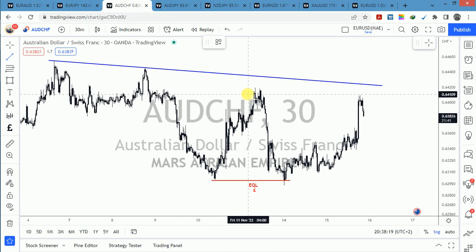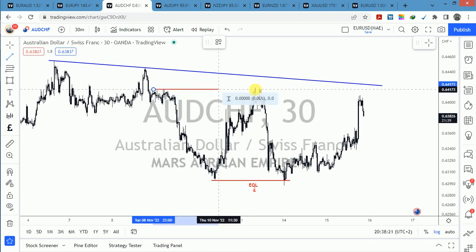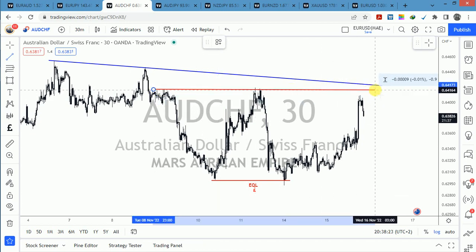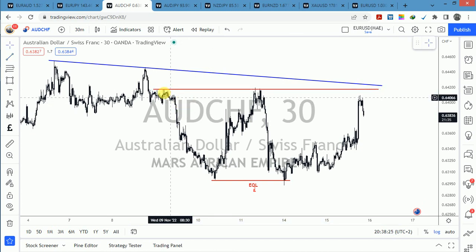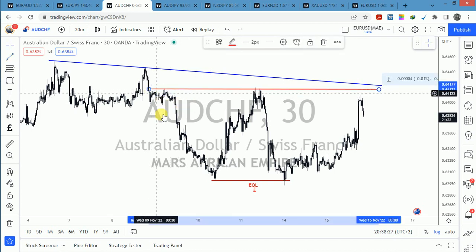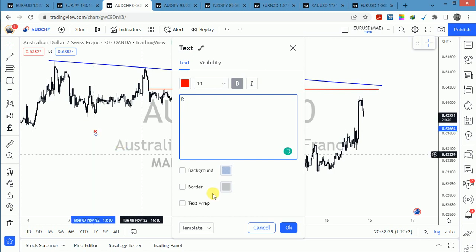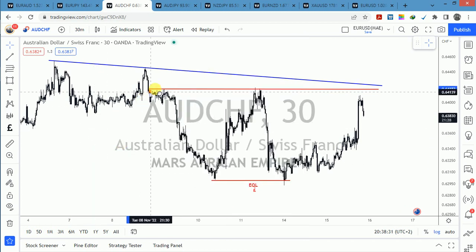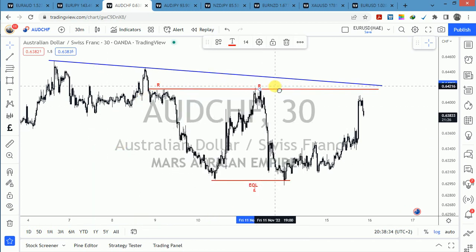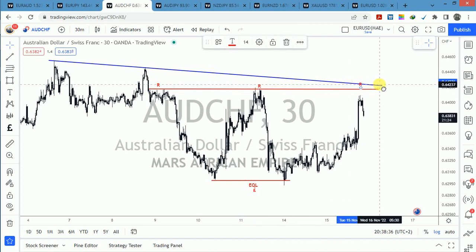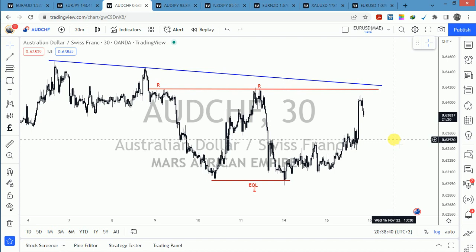And then as you can see here, there is a nice zone here. This zone was basically creating a fake out zone above.